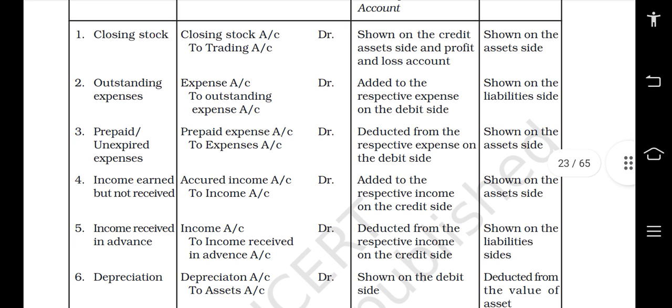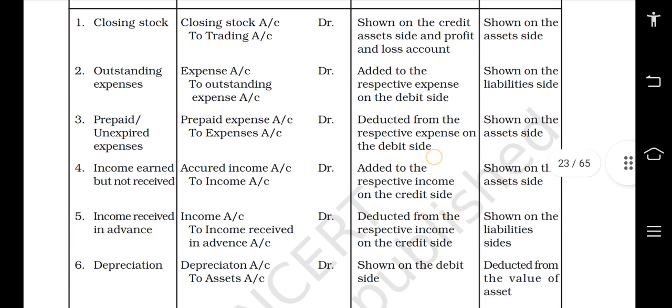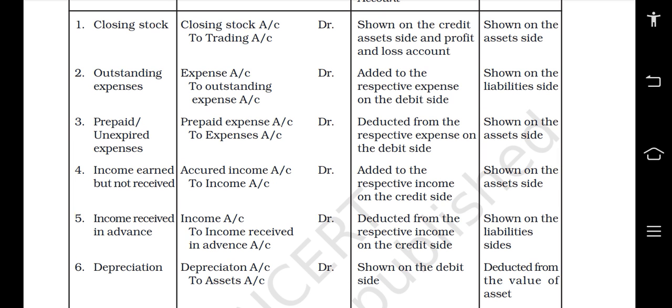And outstanding expense. First of all, you understand what outstanding expense means. Outstanding expense means the expense is still to be paid, not paid yet. Suppose the salary date is 31st. Then after 31st, if the salary is still to be paid, we must consider that amount as outstanding salary.